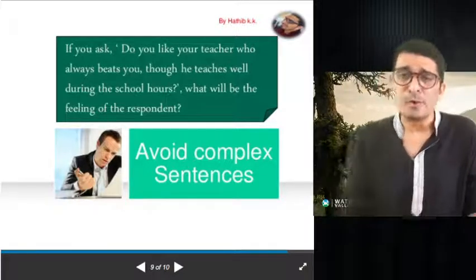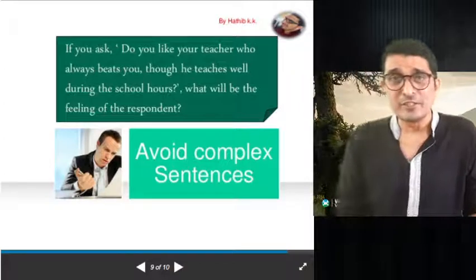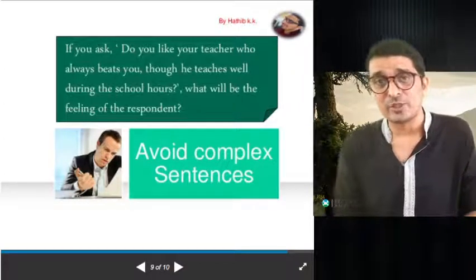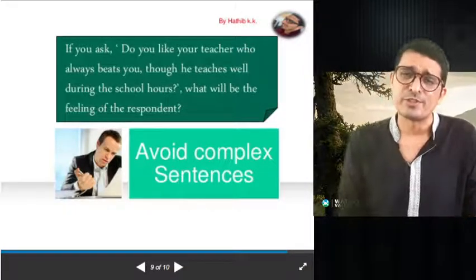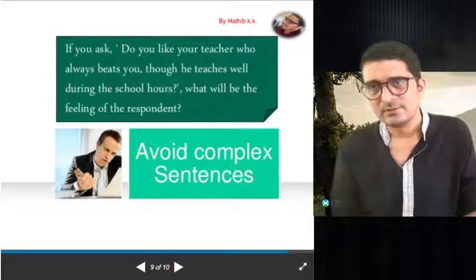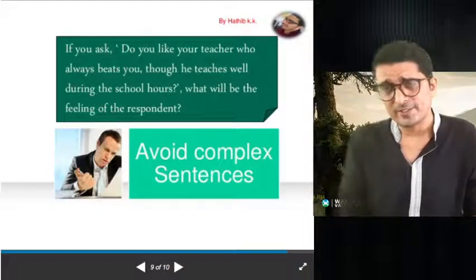Then avoid complex sentences. I have used an example there. If you ask, do you like your teacher who always beats you, though he teaches well during the school hours? What will be the feeling of the respondent? I see your intention is not to show your expertise.